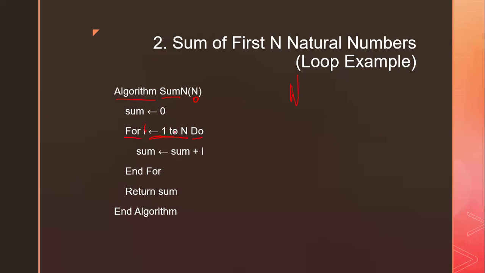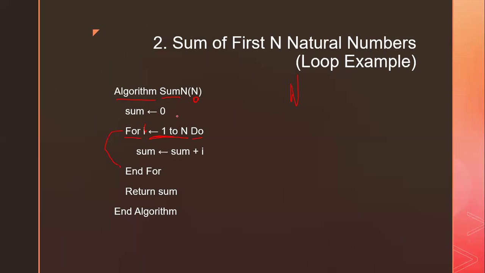For as many times as n, it's going to keep on iterating by one. Then we end for. Notice that there's a syntax here, for and end for. This is the pseudocode that you use when you're answering questions. So for i, 1 to n, do sum equals sum plus i, then end for, then you return the sum.